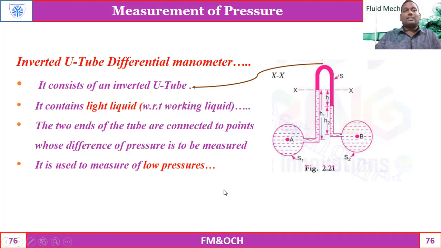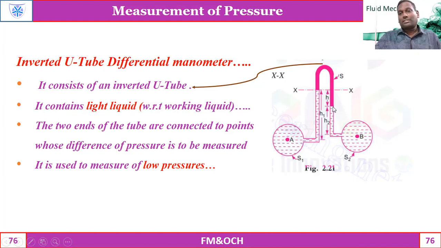Now another differential manometer which I explained in the starting is the inverted U-tube. Till now we have seen the U-tube in a U position, but there is another device which is in inverted shape. Generally it consists of an inverted tube which contains light liquid.